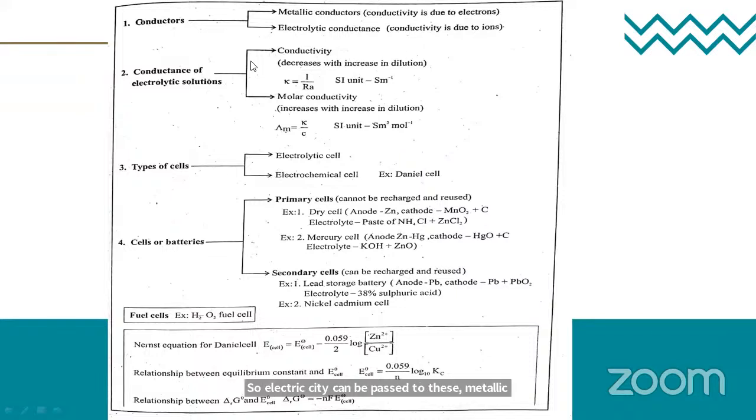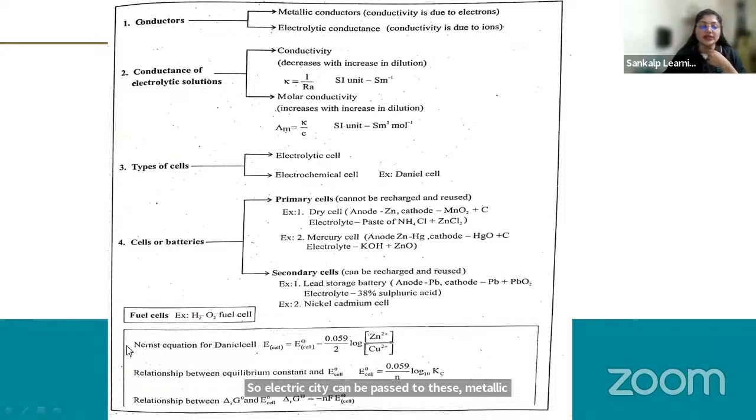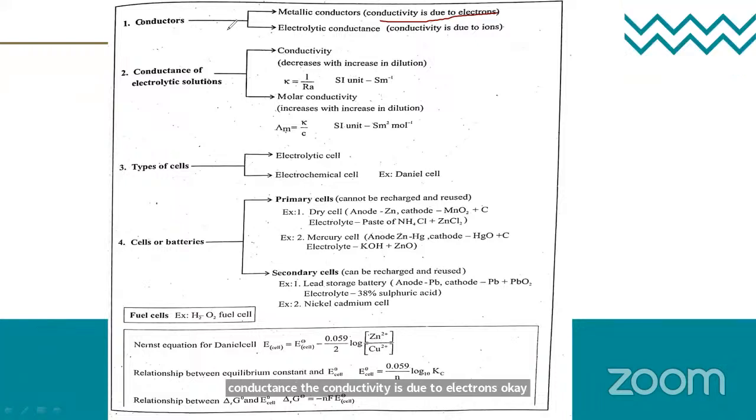What is the conduction due to? The conduction is due to the movement of electrons. Remember, in metallic conductance, the conductivity is due to electrons. And electrolytic conductance, what do you mean by electrolytic conductance?